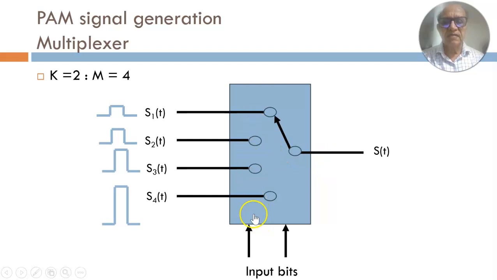That is how a multiplexer functions. In this case, we have shown s1(t), s2(t), s3(t), and s4(t) by different waveforms which have different amplitudes. You can see s1(t) in this particular case has the smallest amplitude, then s2(t), then s3(t), and then s4(t). So this gives you an idea of how the pulse amplitude modulated signal is generated.